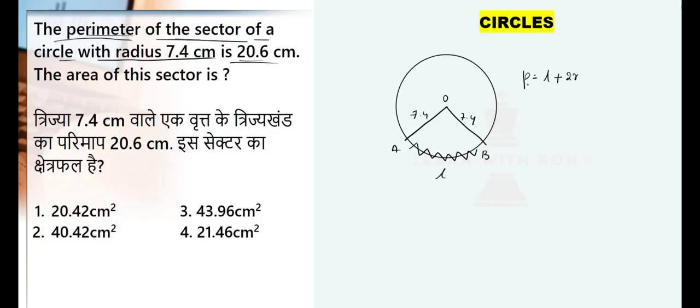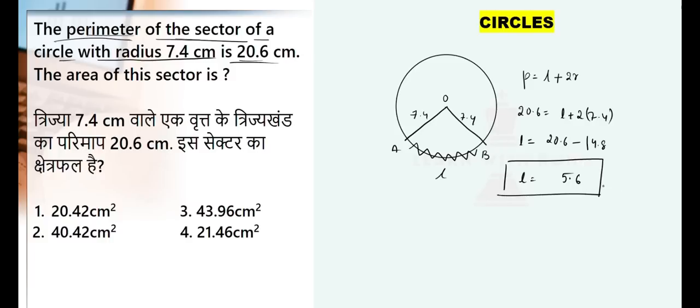So 20.6 equals L plus twice 7.4. So from this we get the length of the arc as 20.6 minus 2 times 7.4, which is 14.8. So L is 5.8, so the length of the arc is 5.8.